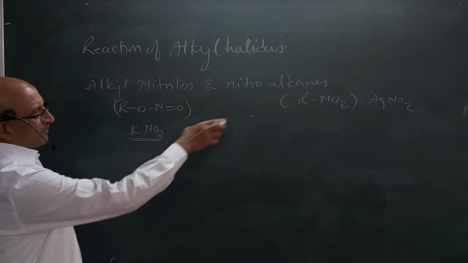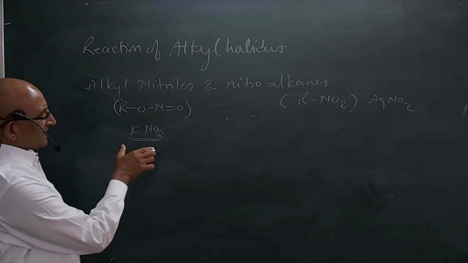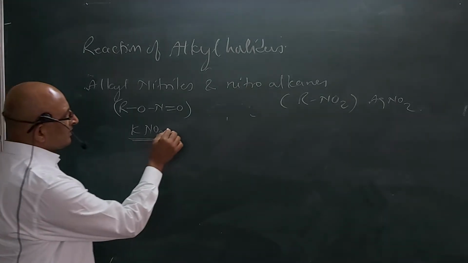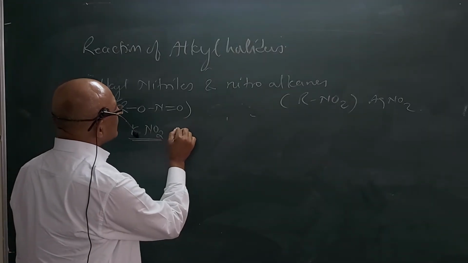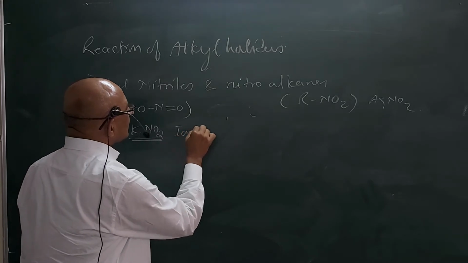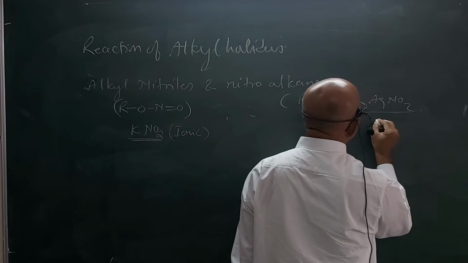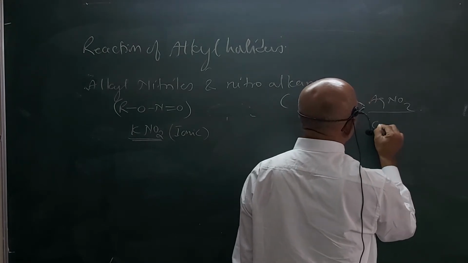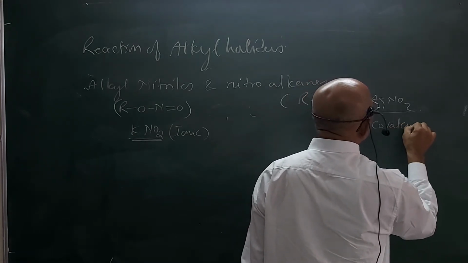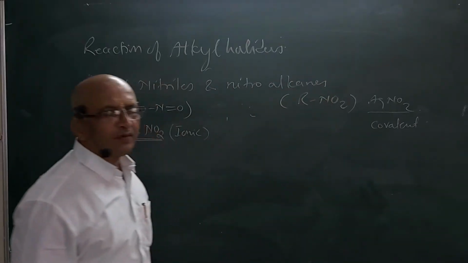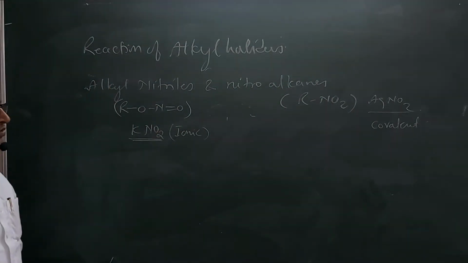What is the basic difference between these two reagents? Potassium nitrite is ionic in nature, and silver nitrite is covalent in nature. This is the basic difference between these two reagents.